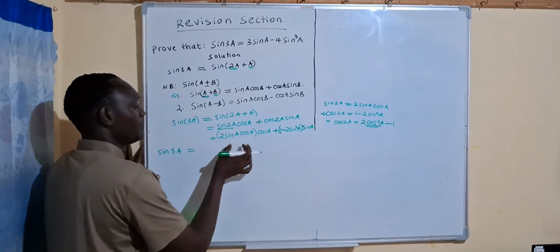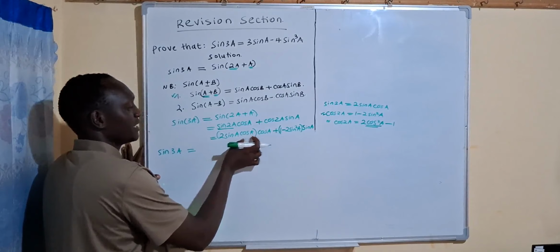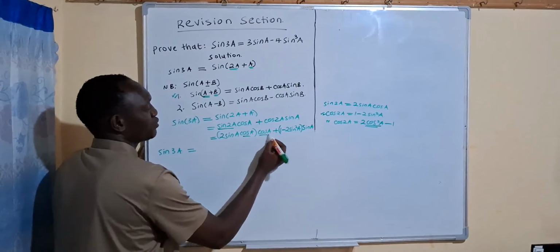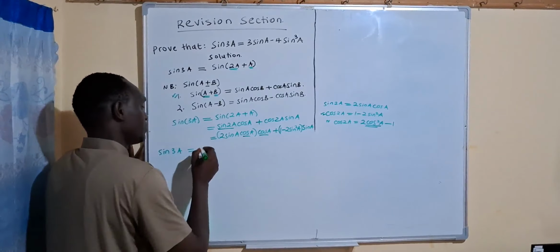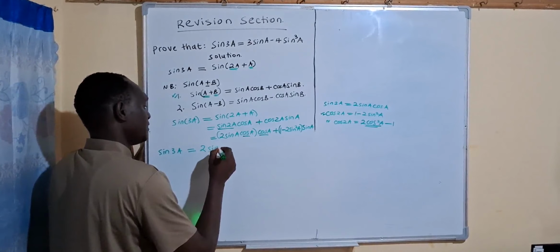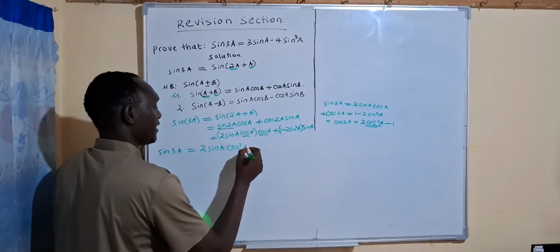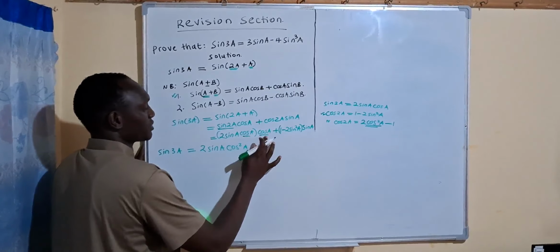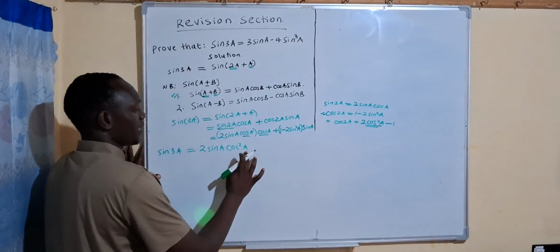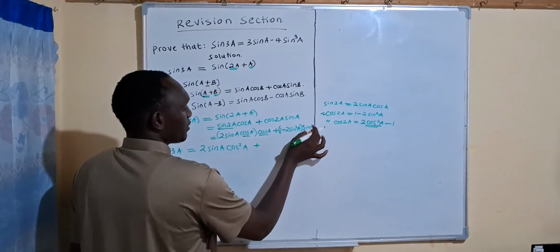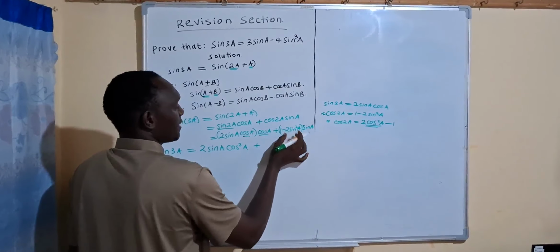Times that. So if you have 2 sine a cos a times cos a, these are like terms and they're going to multiply. So it will give us 2 sine a cos square a. Cos a times cos a gives us cos square a. Plus, we are going to shift this sign to multiply all the terms.